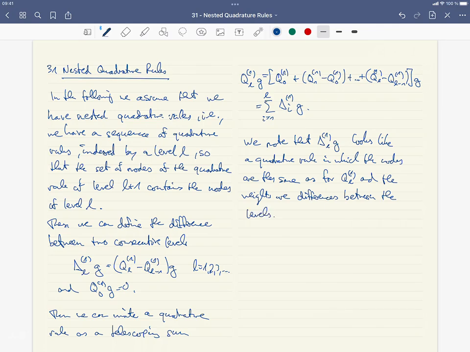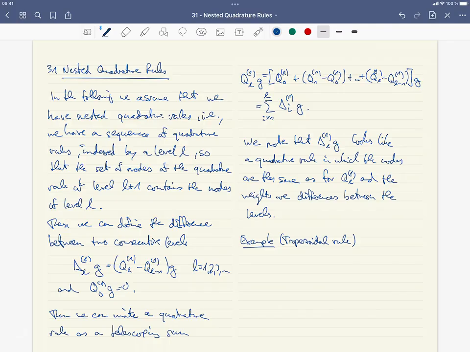Okay, so that's the thing that we can do now. I owe you some examples, and one example of a nested quadrature rule is the trapezoidal rule, or how I can construct such a nested quadrature rule. So the trapezoidal rule looks like this.